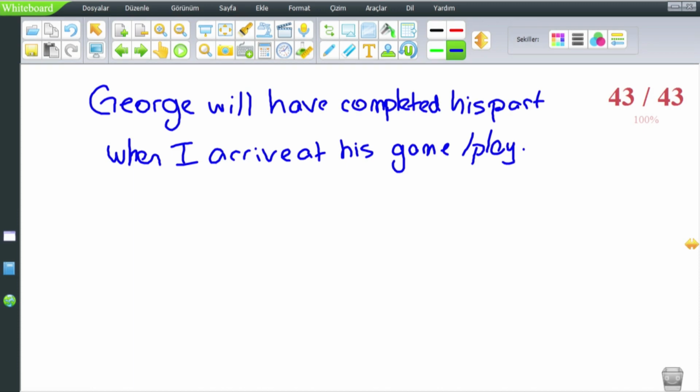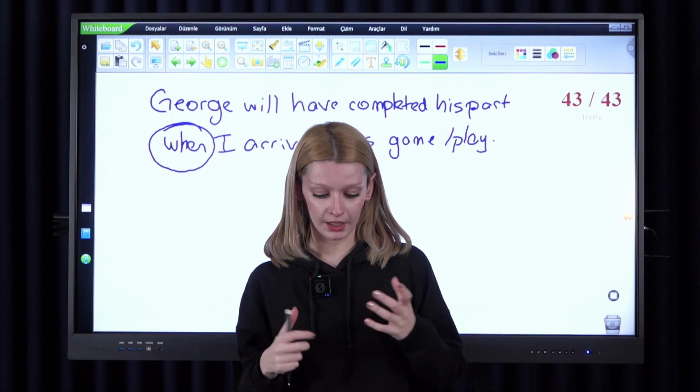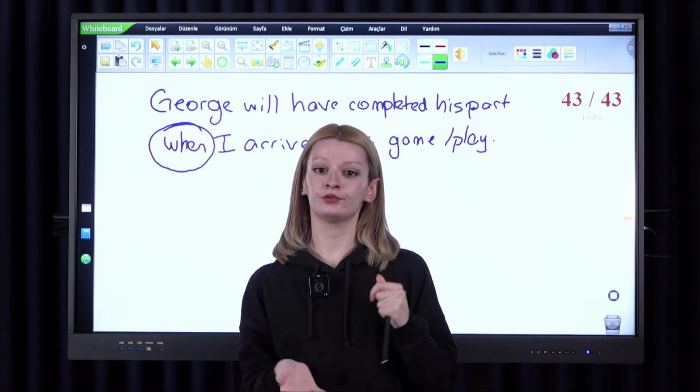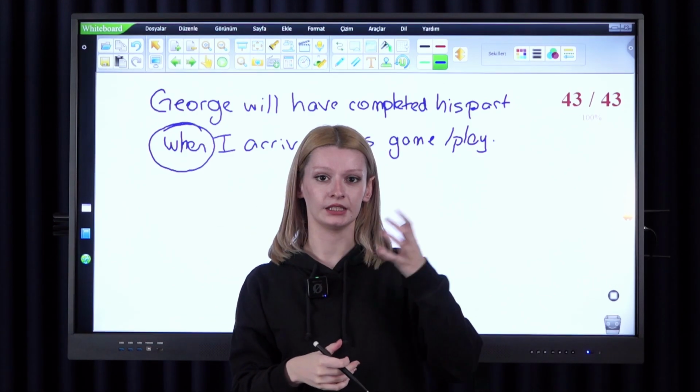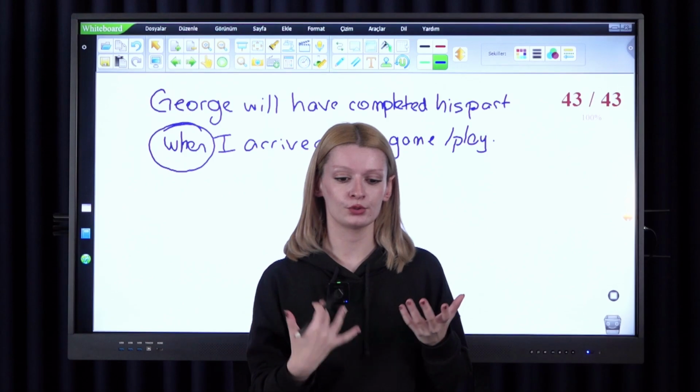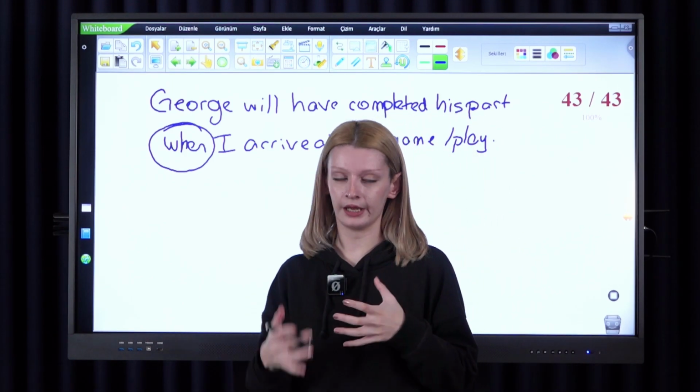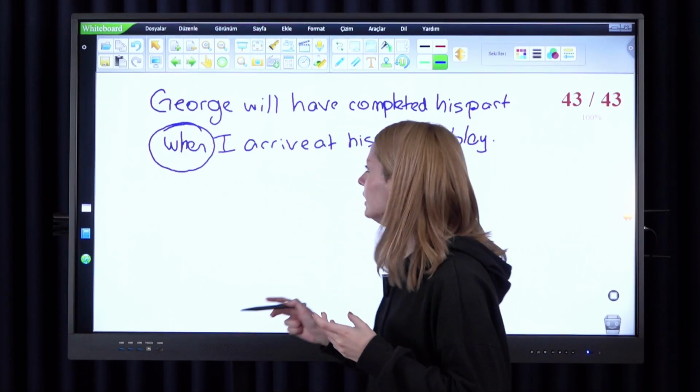Okay, in here again we see a use of when with future perfect. As we said before, with future perfects and you see a when in there as a conjunction, you always use present for the time tense harmony.